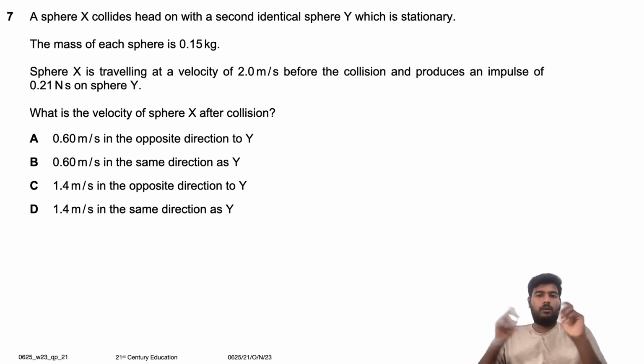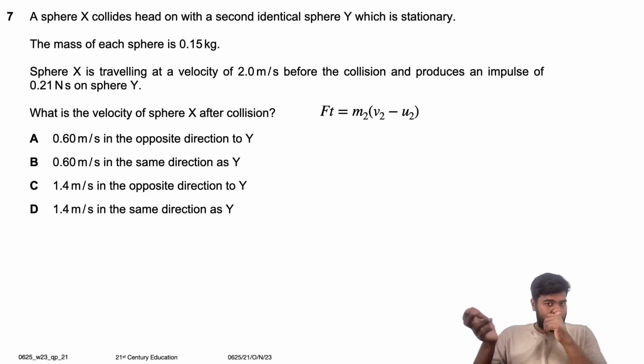Why I am saying this is, if we find the final velocity of Y, then we know the conservation of momentum equation: m1 u1 plus m2 u2 equals m1 v1 plus m2 v2. This requires u1, u2, v1 and v2, so that we can find v1, the final velocity of X. How do we find that? We can use the impulse equation. Impulse is force times time, equal to mass times final velocity minus initial velocity.